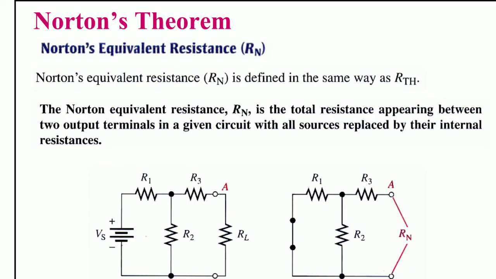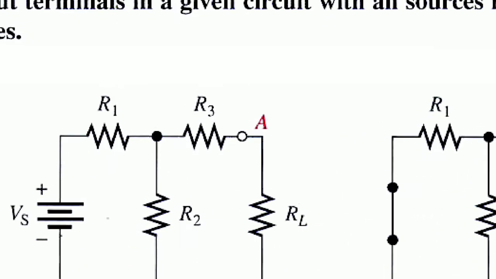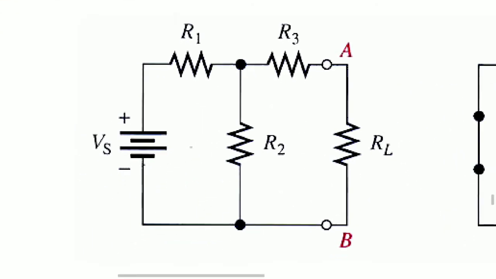So see here in the circuit, observe this one only. Here Vs is the supply voltage, and R1, R2, R3. Across the terminals A and B, the load resistance is connected.